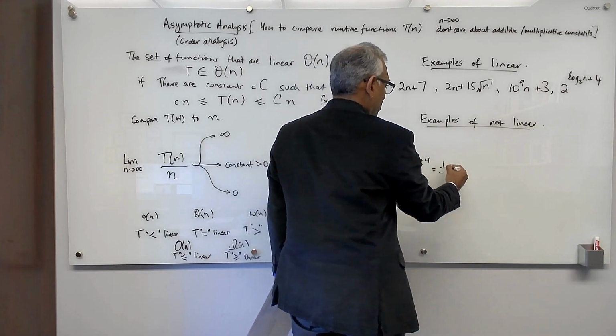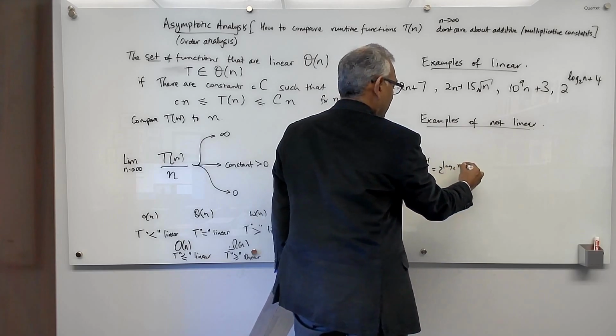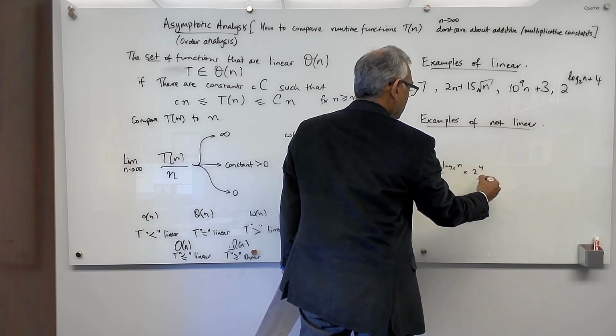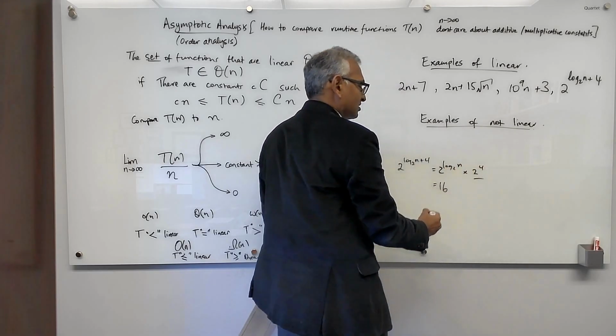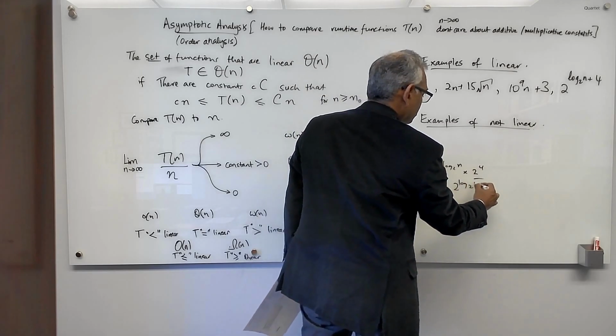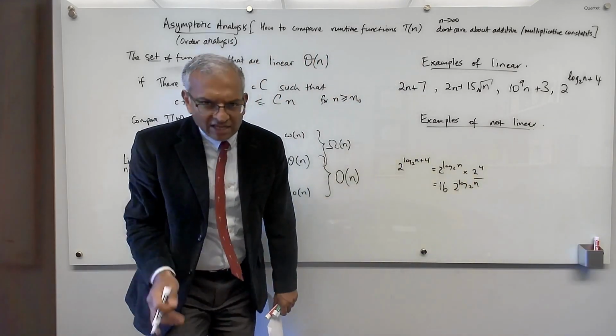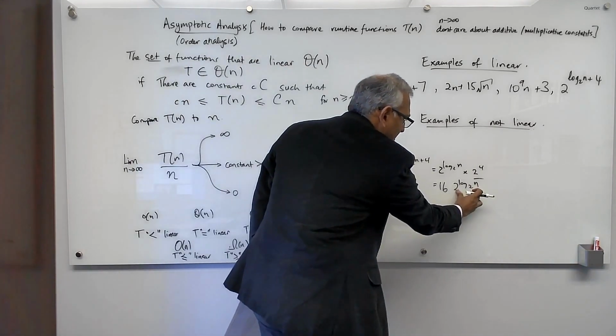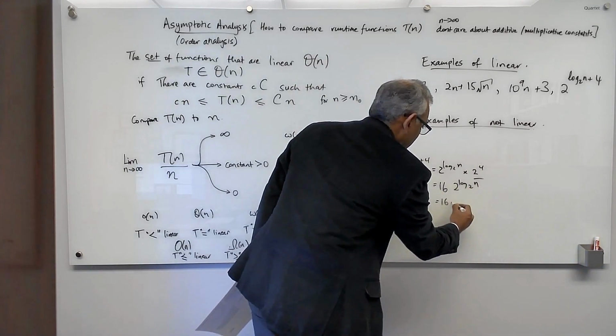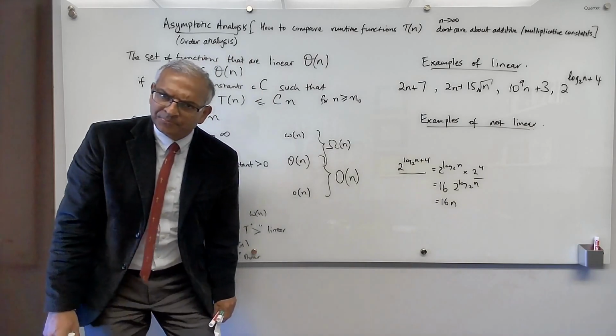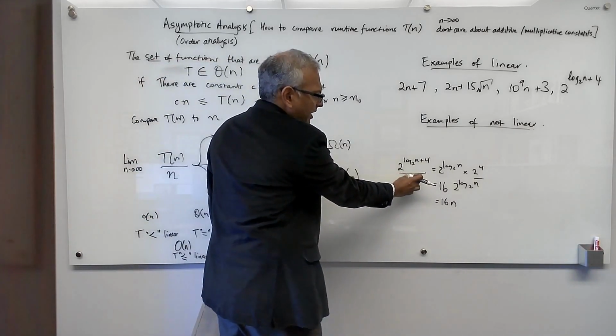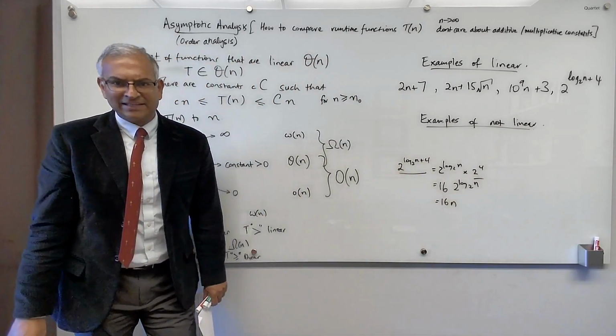So this is 2 to the log base 2 of n times 2 to the 4. 2 to the 4 is just 16. So this is 16 times 2 to the log base 2 of n, but 2 to the log base 2 of n, that's by definition of log base 2. This guy is exactly n, so this is 16n. So I'm tricking you. This is just a fancy way of writing 16n. That's clearly linear. Okay.